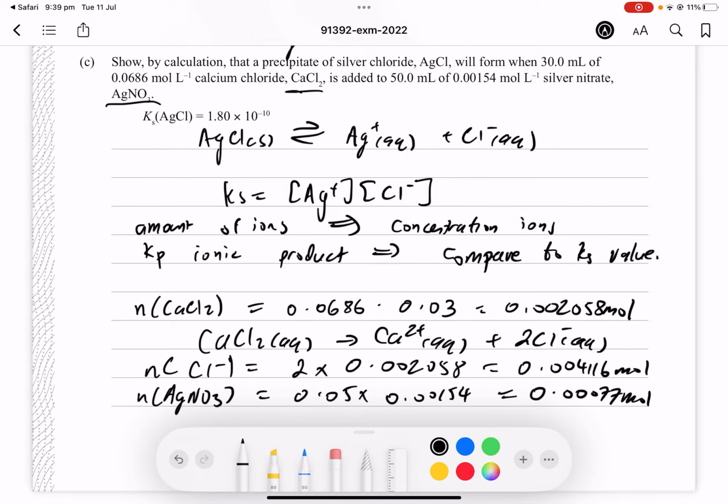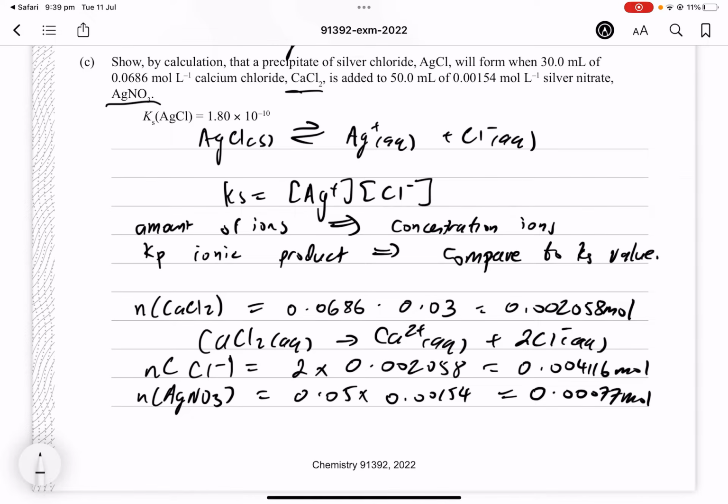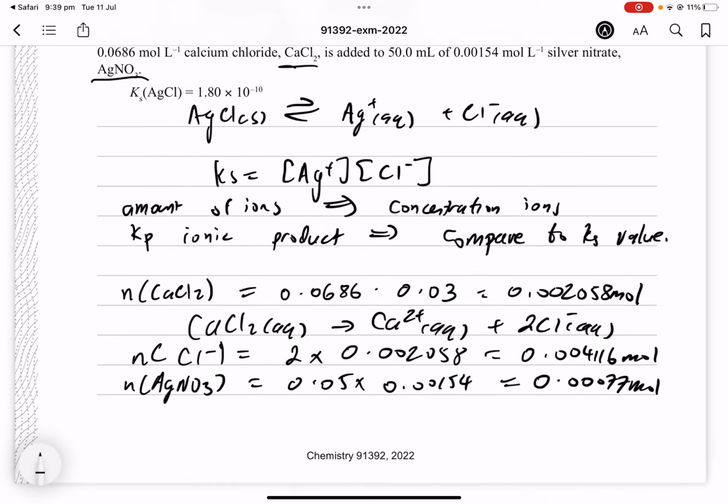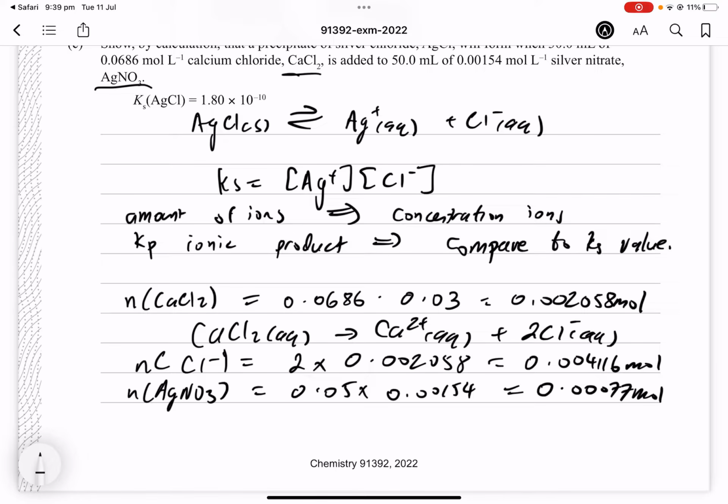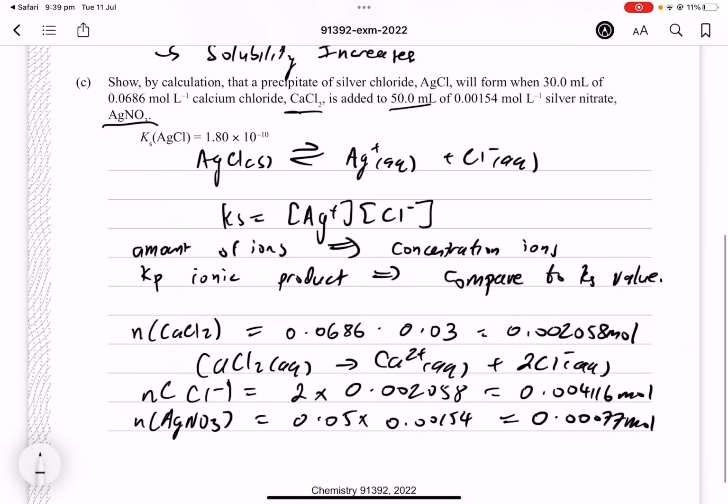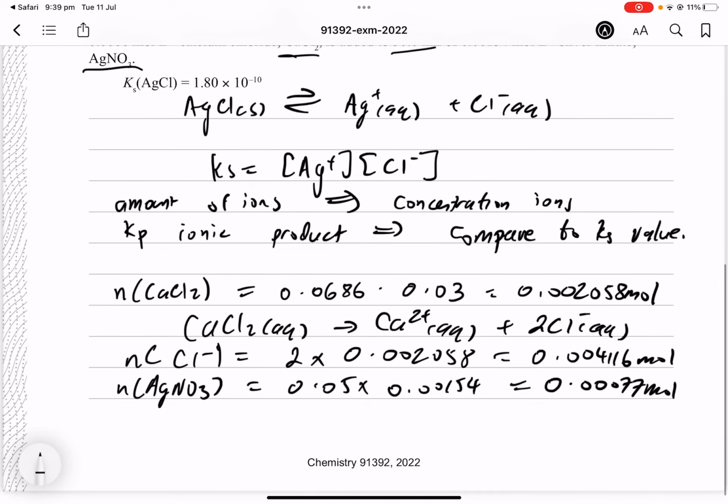We know that AgNO3 is a 1-to-1 stoichiometric ratio, so we don't need to multiply by any constants here. So we have 0.000077 moles of Ag+ ions. Now we can convert this to the concentration by dividing by the new volume of the solution, which is a total volume of 80 milliliters. So now the concentration of Ag+ is 0.000077 divided by 0.08.